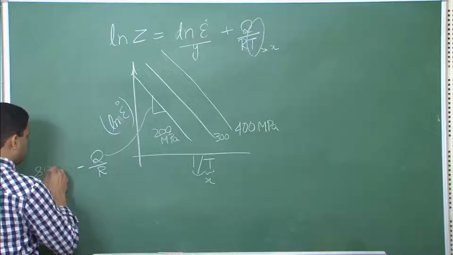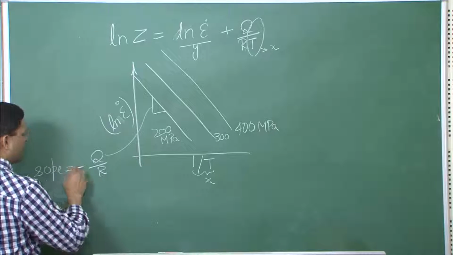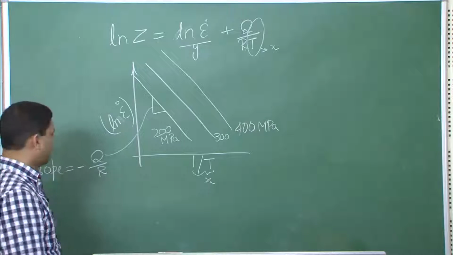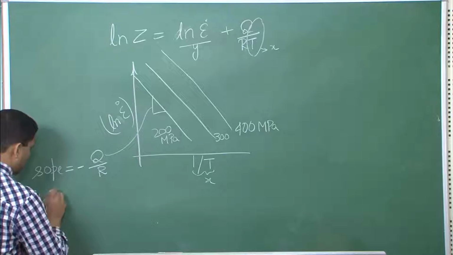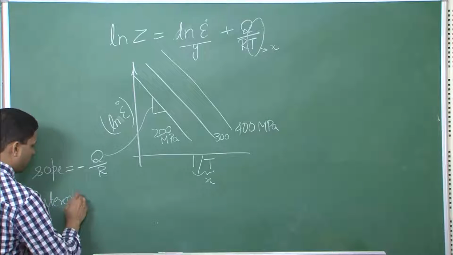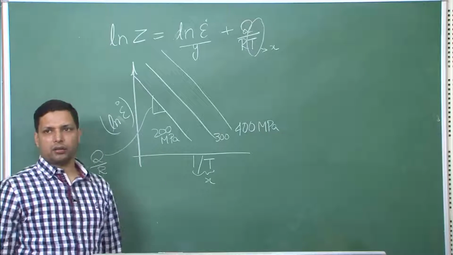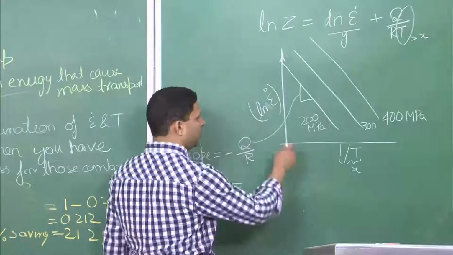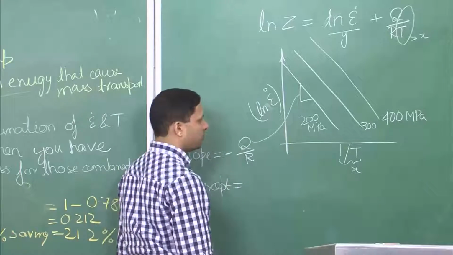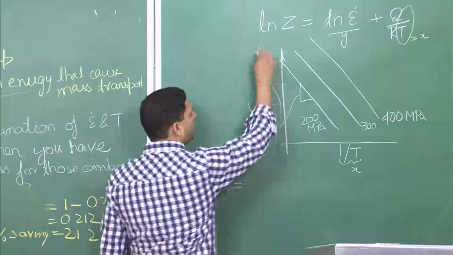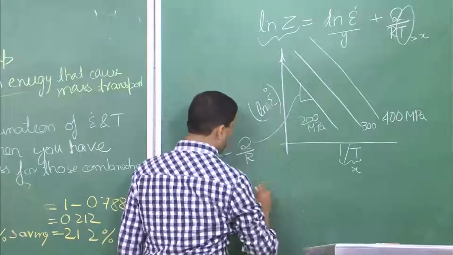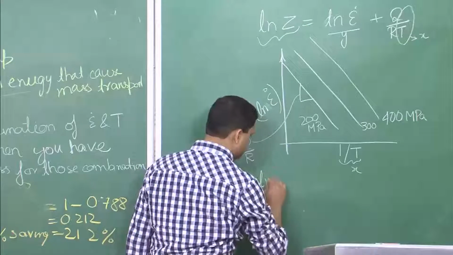So, the slope is equal to minus Q over R, and the intercept, if you remember from your high school geometry, when you have a y equal to mx plus c kind of equation, the intercept is equal to this constant value, which is ln Z.